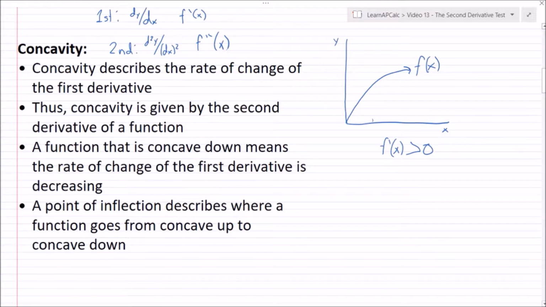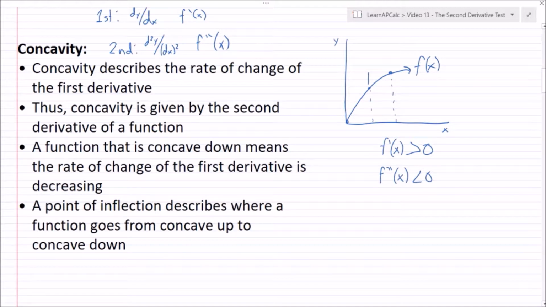So we'll say here to here, I'm increasing by a fair amount. And if I have about the same distance, I can see that I'm in fact increasing less. So my rate of change of increasing is going down. So thus our second derivative is less than 0.